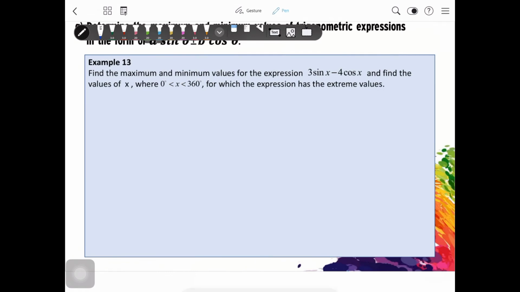The next step is to square equation 1 and add it to the square of equation 2. So I will get R squared cos squared alpha plus R squared sine squared alpha equals 3 squared plus 4 squared.